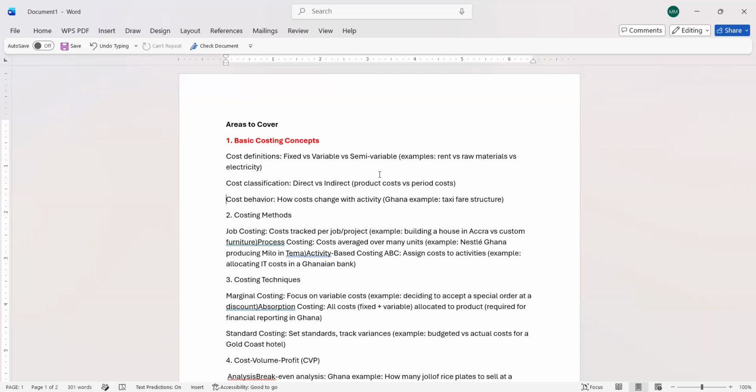So a carpenter is working on the production of a table. The cost of the wood can be termed a direct cost. The cost of the carpenter working on that particular table can be called direct labor cost.